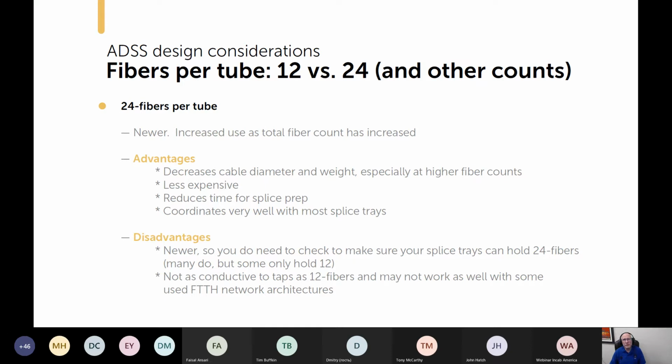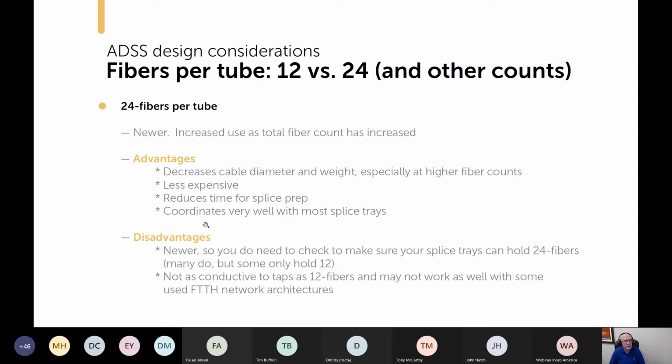It helps a little bit marginally, maybe at 48, but it helps a lot at 288, because at 288, you would have 24 tubes at 12 fibers each versus 12 tubes of 24 fibers each. That higher tube count drives up cable diameters a lot. It also drives up cable cost. You're reducing your time for splice prep.